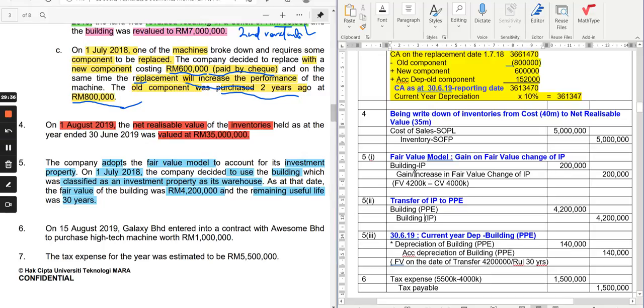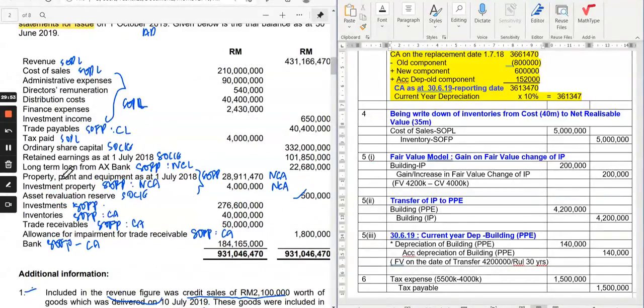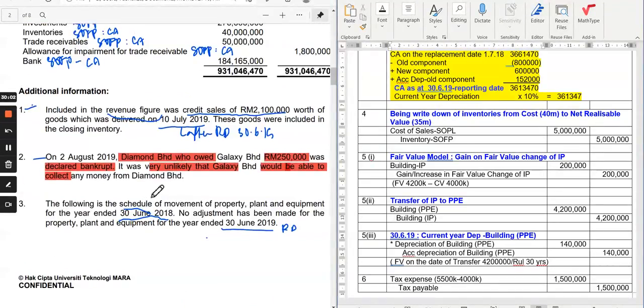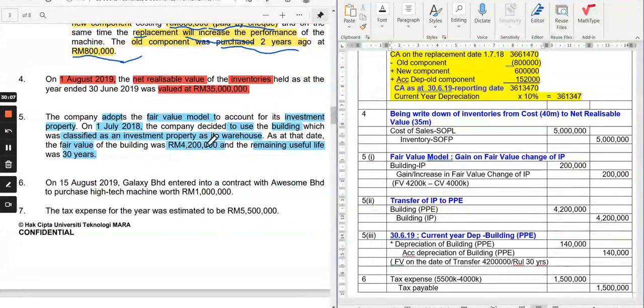The next one is to record the gain on fair value on the change of IP, where the carrying amount of the building was 4 million. You can check your trial balance. The carrying amount was 4 million when it was an IP, and when it was transferred to become a PPE, the fair value was 4.2.